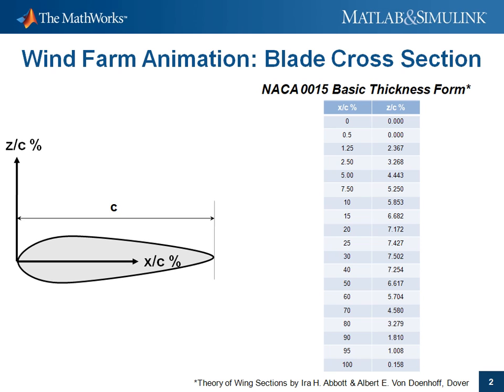So the cross section that you see here is the NACA 0015 basic thickness form. So let me explain this a little bit more. NACA stands for the National Advisory Committee on Aeronautics. This was an organization which was the predecessor to NASA, and they did a lot of work on wing sections, especially in the 40s.